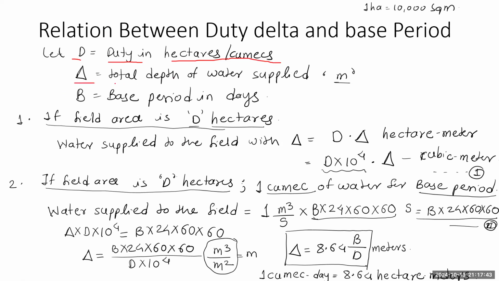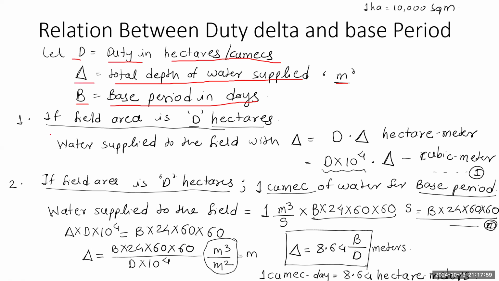Delta is total depth of water supplied in meters. And let capital B be the base period in days. What is base period? It is the time required from first watering to last watering.